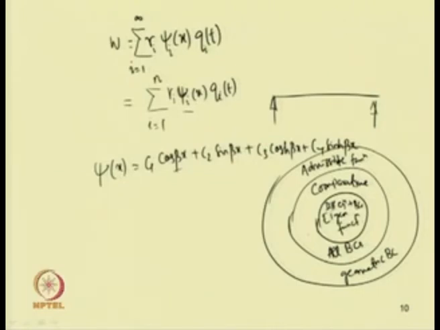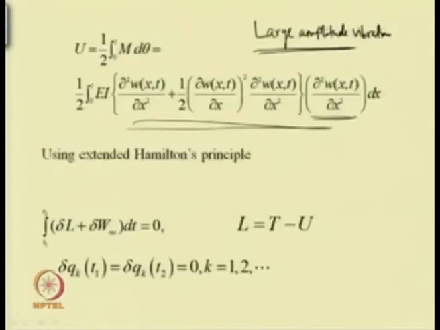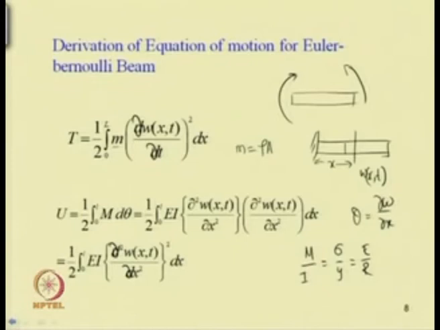If one uses the eigenfunction, then most probably one can get equations which are decoupled, but if one uses the admissible function, which satisfies only the geometric boundary conditions, sometimes one may get coupled equations of motion. Now let us consider different cases. What are the boundary conditions associated with this? In this case we have just discussed two cases.